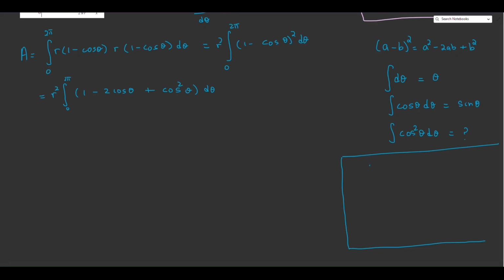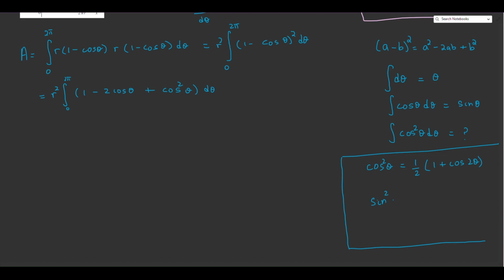For example, cosine squared theta can be written in this form, half of 1 plus cosine of 2 theta. And there is one more identity.